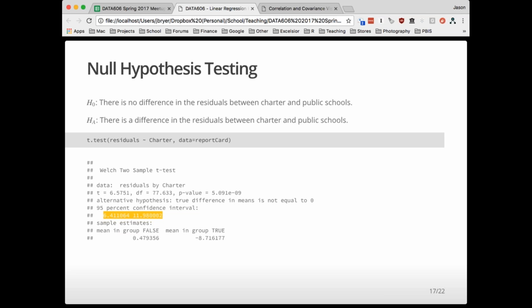I want to know if the means of those two distributions are different, and that's what this confidence interval is telling me, the range of the differences between those two distributions. Okay, thanks. Does that help? Yes. If not, I can try to say it another way. No, that was good. Thanks.